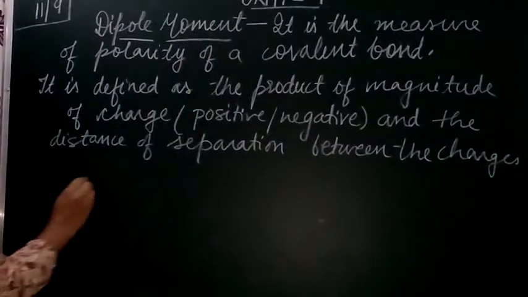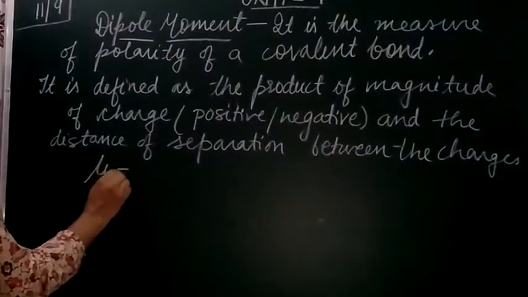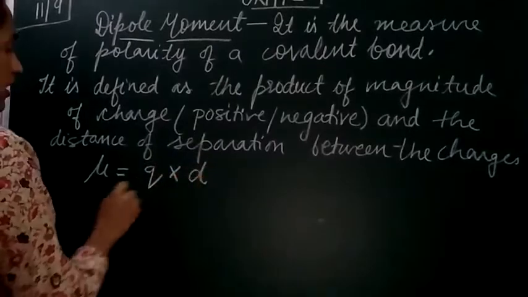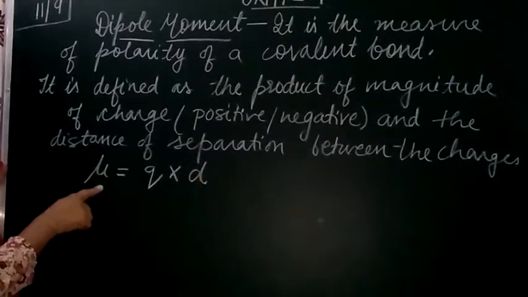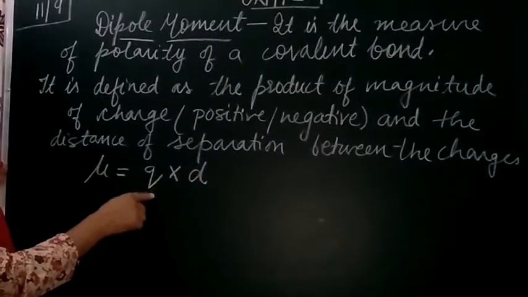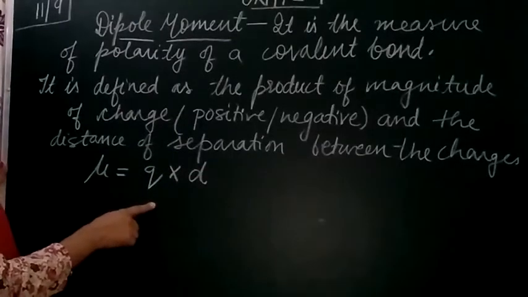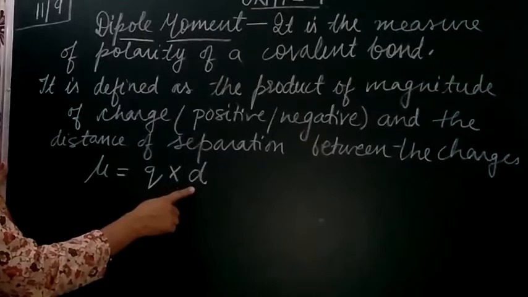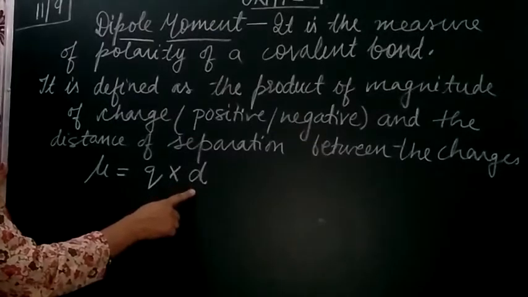It is denoted, students, by mu, which will be equal to q into d. So this is the dipole moment mu. This is the magnitude of the charge, and this is the distance of separation between the charges.